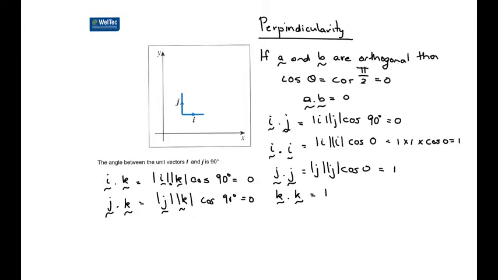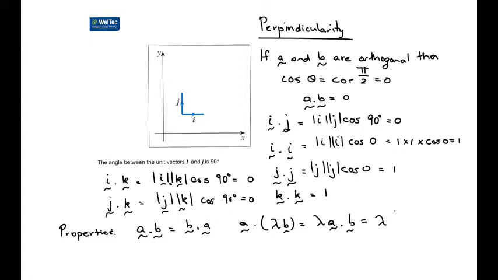Now, like so much of the maths, these things have properties. So a dot b is equal to b dot a, and the dot product of a and some vector with a scalar that's been multiplied by it would equal, as you'd expect, the scalar times the dot product, and we could even further rearrange that so that it's like that.